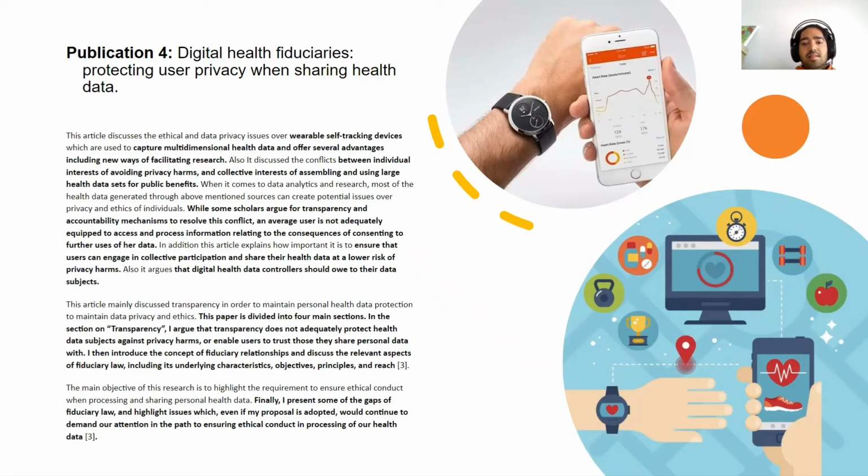So the main concern is how do we know whether they assure the privacy and data security of these health records, because this is a large set of health records related to individuals' heart rate or their blood pressure or whatever. It should be private.